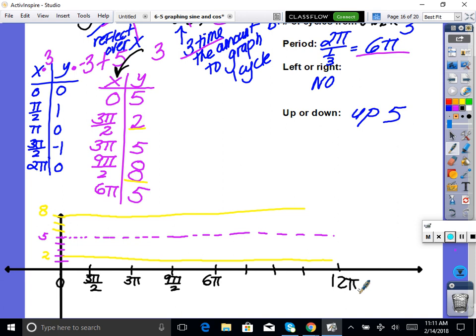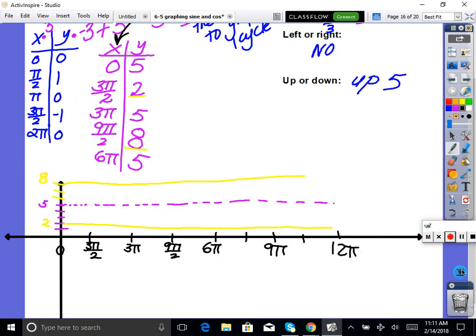So the halfway distance would be, look, 3, 6, 9 pi, and then think about it. You do this plus this divided by 2 to find the halfway distance. Would you not? Okay, cool. So 9 plus 6, 15 pi halves. That plus that divided by 2, 21 pi halves, and now I have enough.